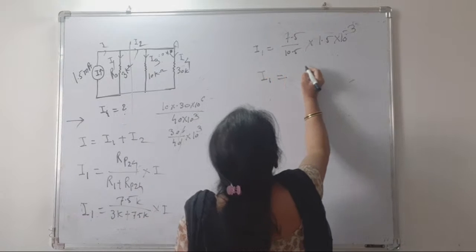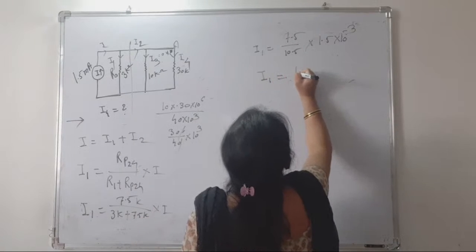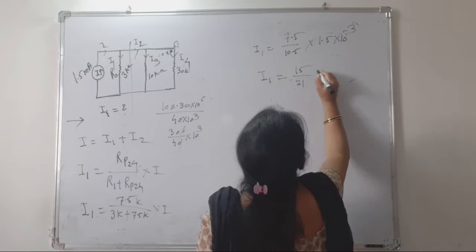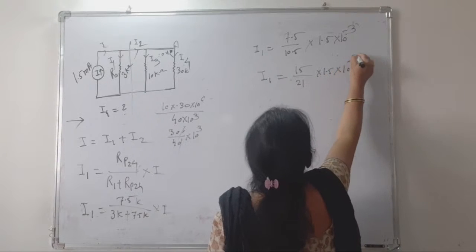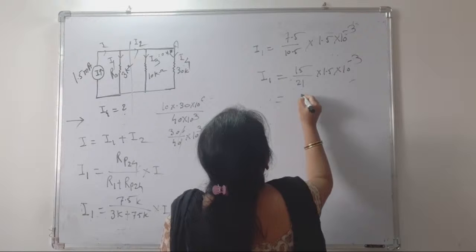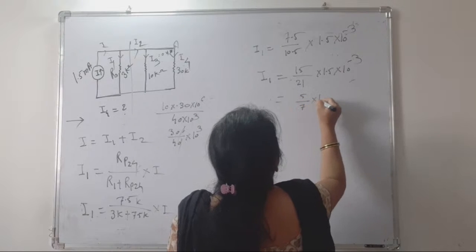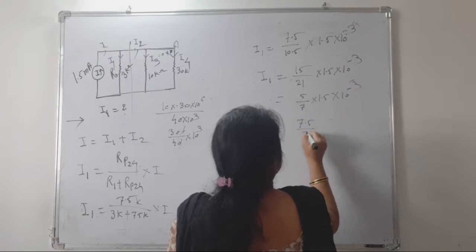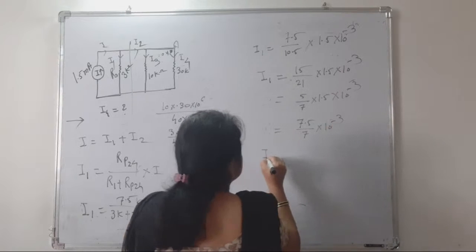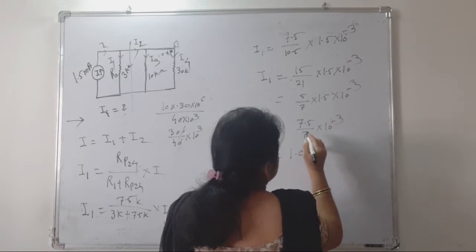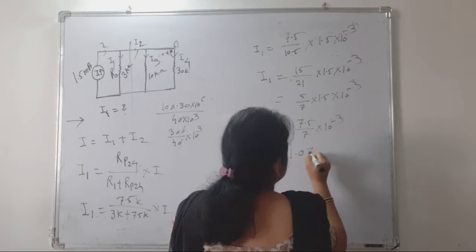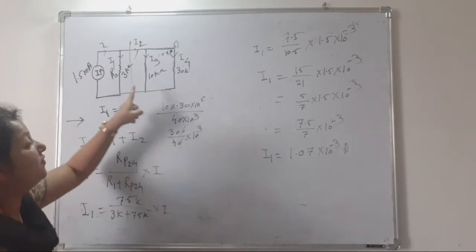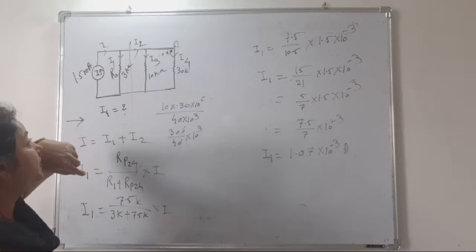Therefore I1 is equal to 15 upon 21 multiply 1.5 multiply 10 raised to minus 3. This is the value of I1. Means you calculate I1, you calculate I2. Okay.